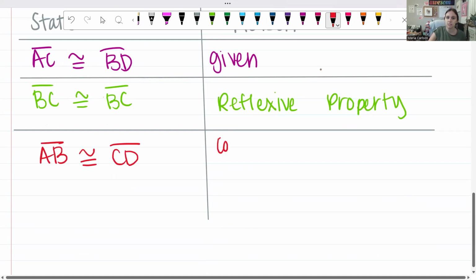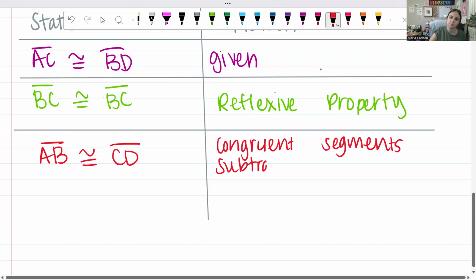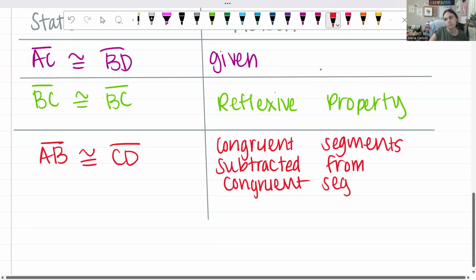And that's really just because congruent segments subtracted from congruent segments are congruent.